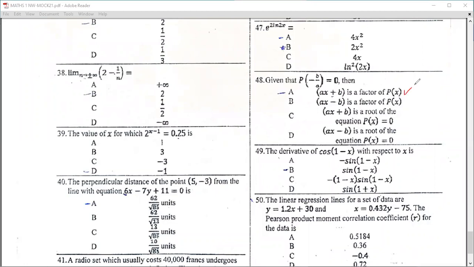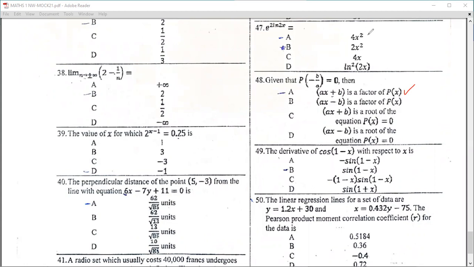So is this first one? So ax plus b is a root of p of x equals that.